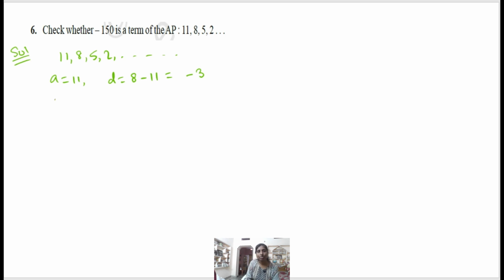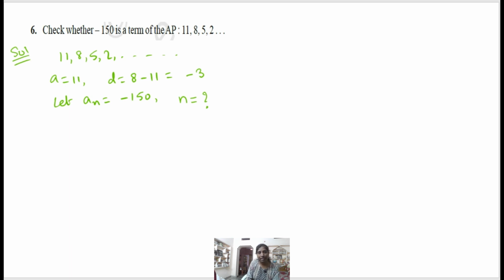So let an is equal to minus 150. Then there will be a position of minus 150, so we have to find what the position of minus 150 is. It means what is the value of n.